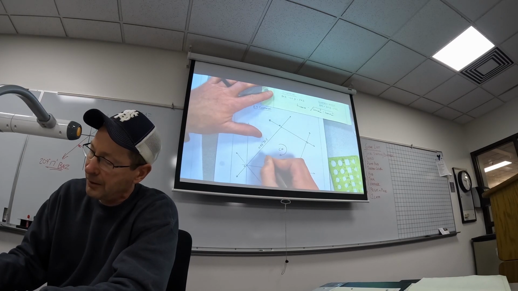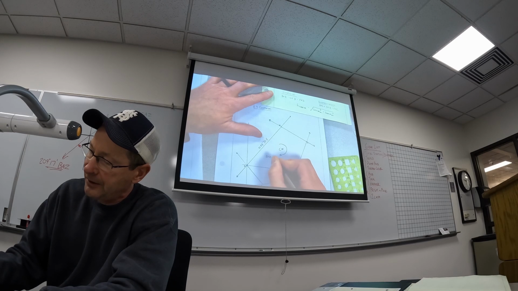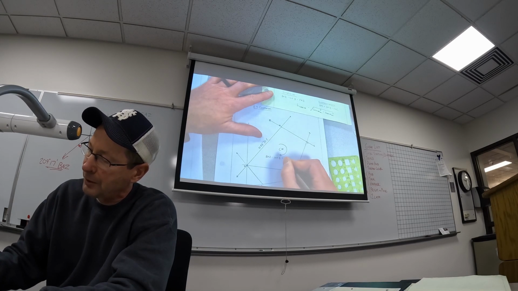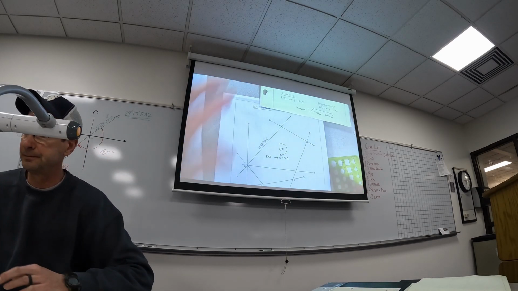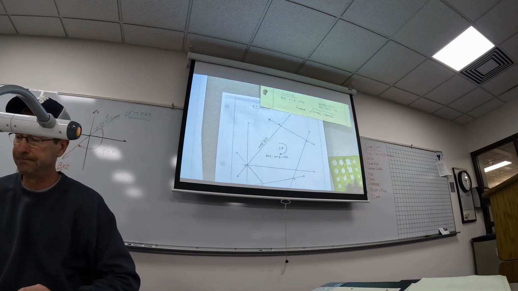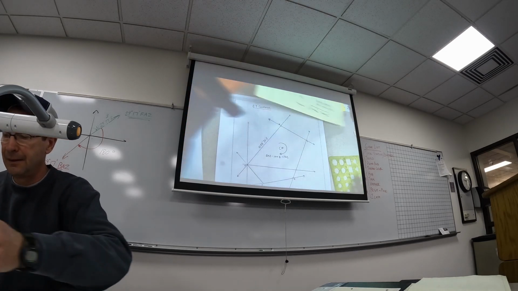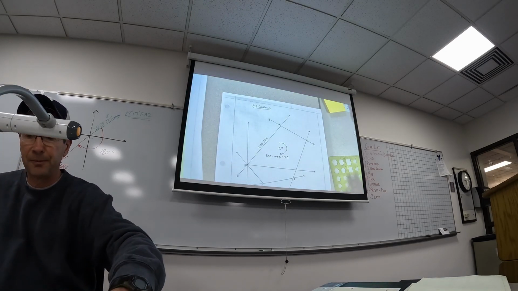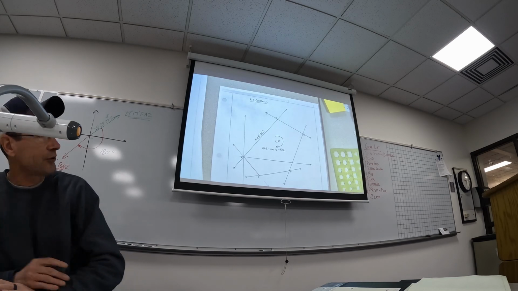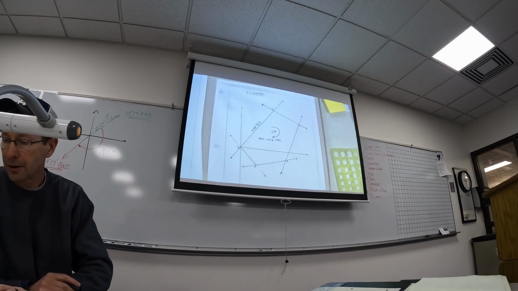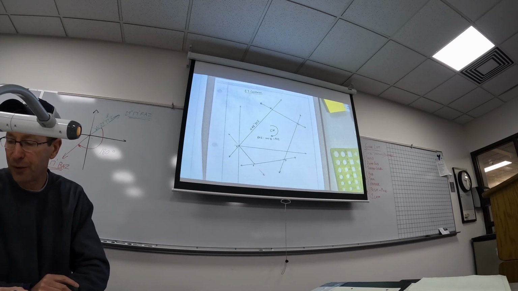We are going to say the back azimuth minus the interior angle equals the forward azimuth, because we're working in the clockwise direction. So this formula kind of is our key. We're going to apply this at each of the points.